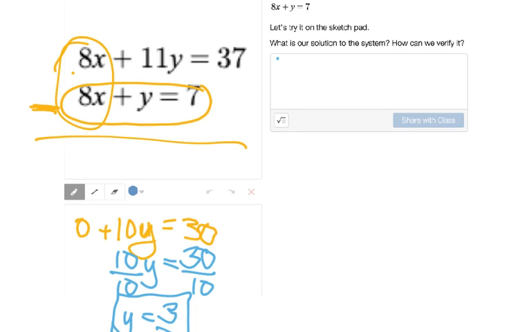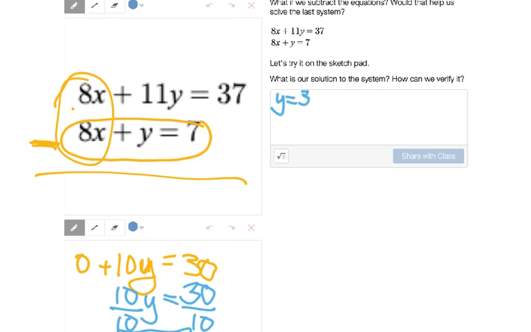Well, I'm going to say that y is equal to 3. So take a look. What can I do? I can substitute this value of y back into either equation. So what would be the easiest equation to do? I would most definitely do it into this equation right here.